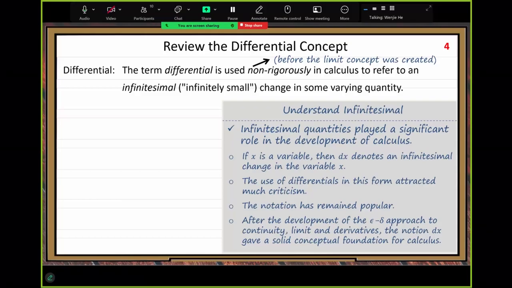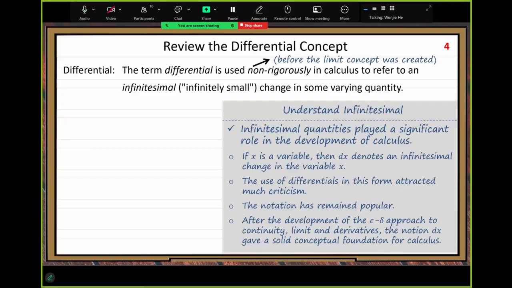Although for many people that part is not required. For math major students, it is required. For non-math majors, usually not required. But that's the rigorous way to define limits, continuity, and derivatives.